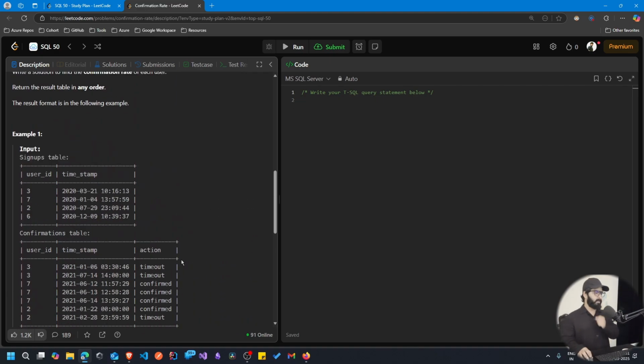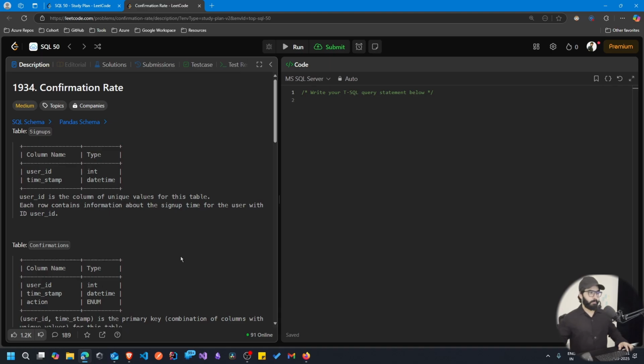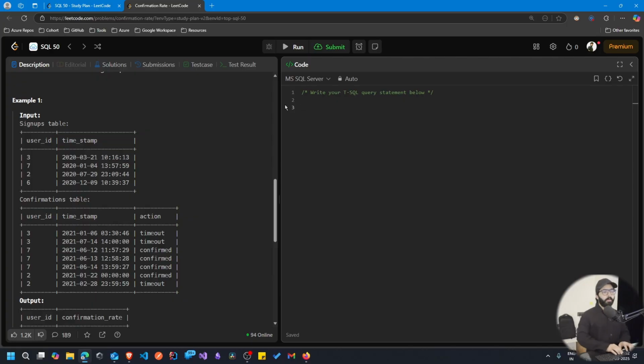So how can we approach this? What if, okay, first we will try to get the number of requests per user and what was confirmed.